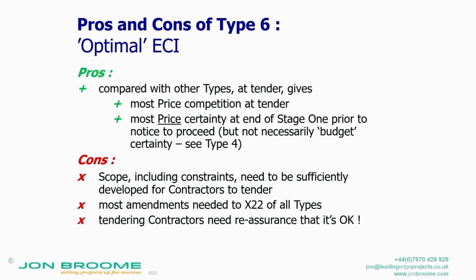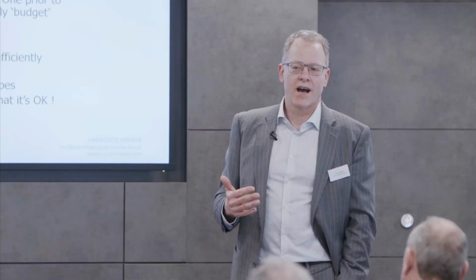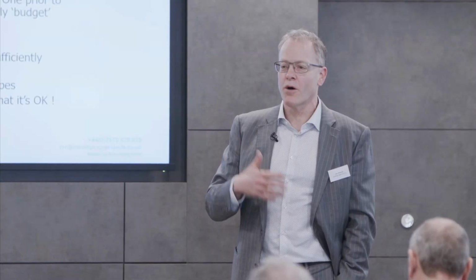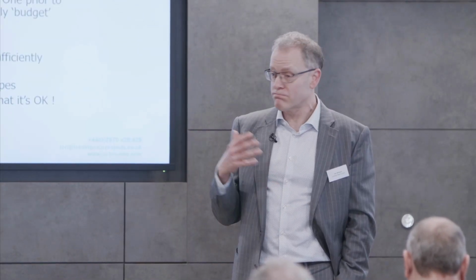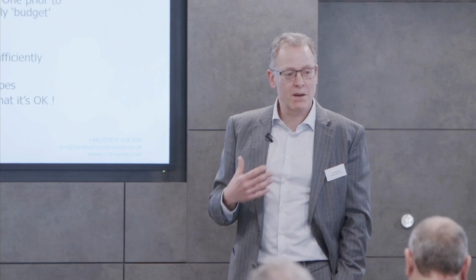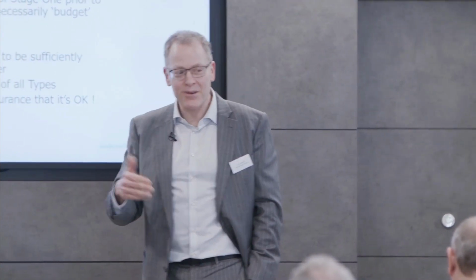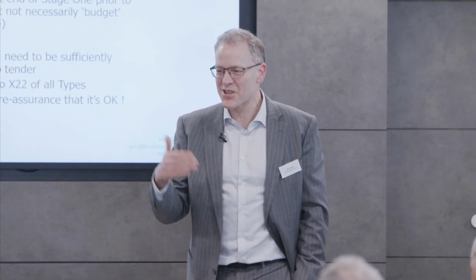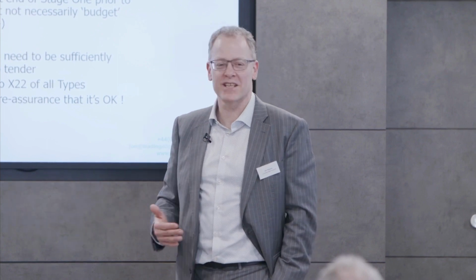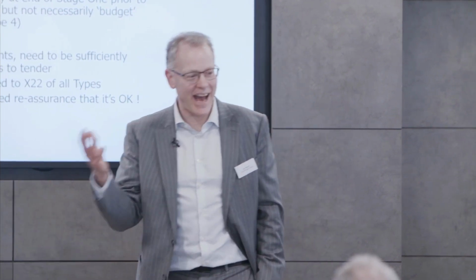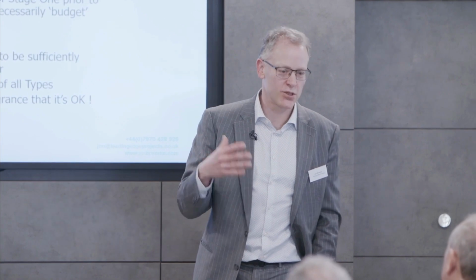And my experience of that is that the tendering contractors need reassurance that it's okay. And the client was very good about that. We ran it past them, we got feedback. Some of that feedback was good, we took it on board. Some of it, no, let us go through this again, yeah? And reassure you, yeah? I know we're transferring more risk to you, but on the other hand, you'll have the chance to during stage 1, yeah?